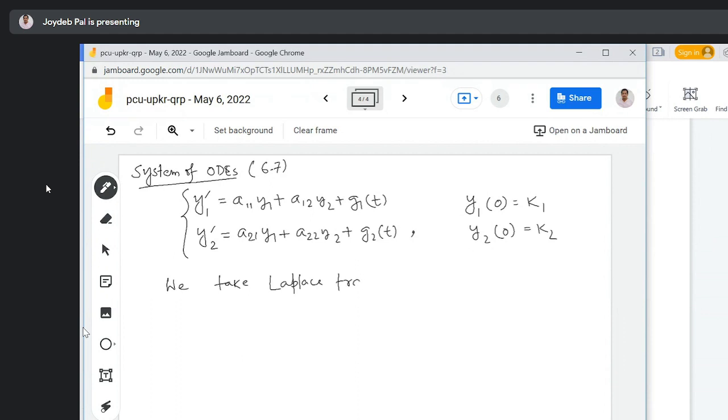on both of the equations. Okay, on both of the ODEs I can write.